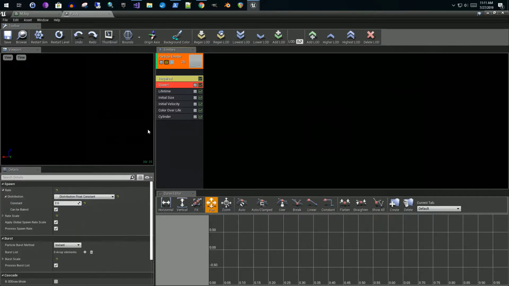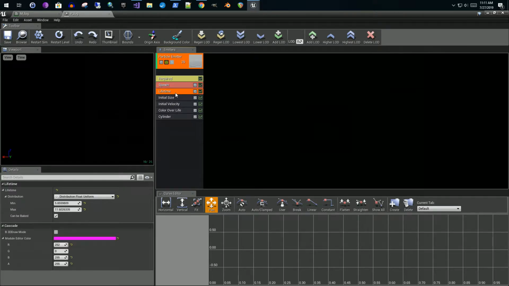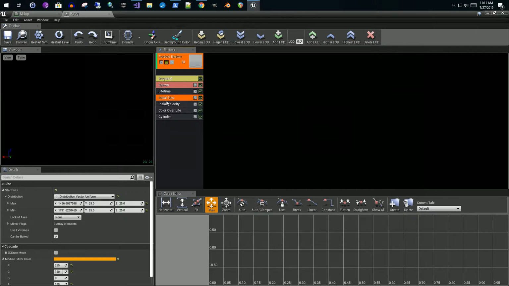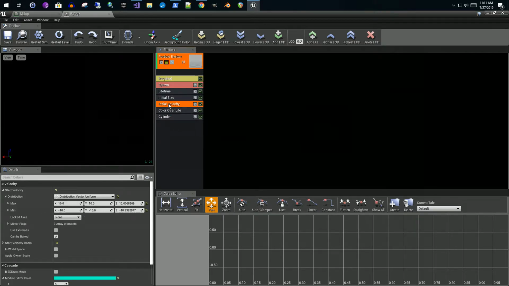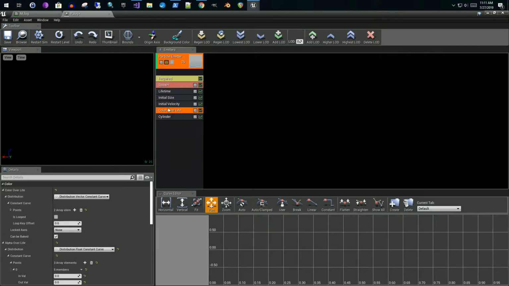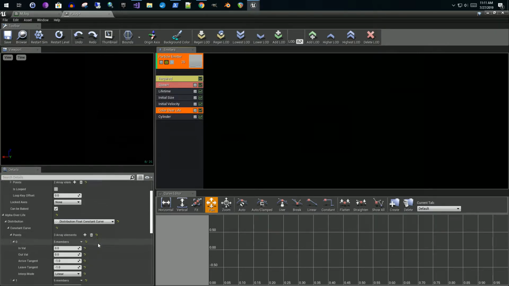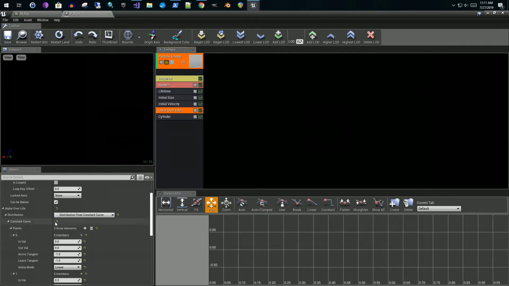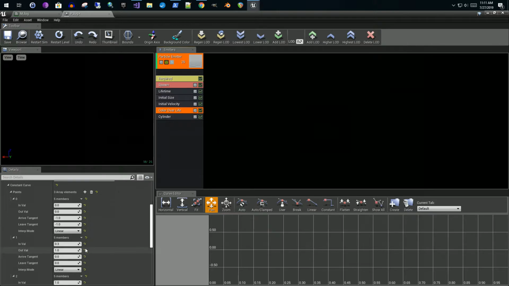The spawn rate can be whatever you want it. I wanted it quite low. The lifetime I increased. The size is similar to what he had. Velocity I changed so it's not the defaults. Color over life, this is where I handle the alpha over life. So you see this right here. The alpha over life at time 0 for the lifetime of the particle, its value is 0.